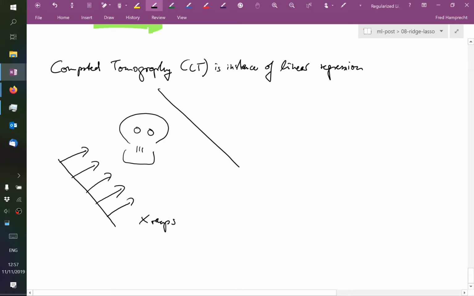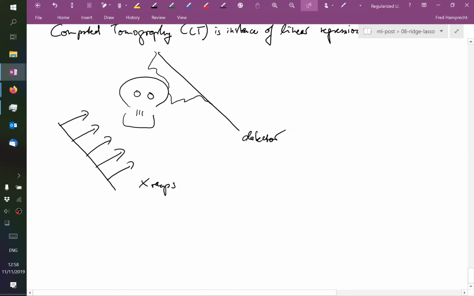And then we have a plane detector. And then this detector will record an absorption that's a function of space. So the way I sketch it here, the signal that I will receive are a couple of scalar measurements.